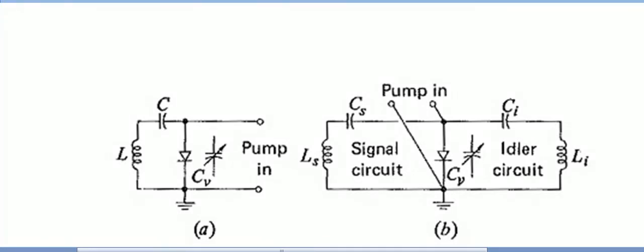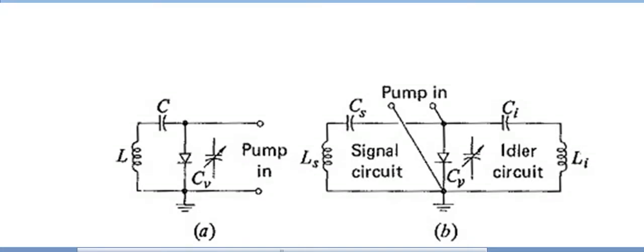Now, if the pump frequency is only slightly higher, that is Fi will be less than Fs, and a down converter, which is rather similar to the mixer in an ordinary radio receiver, will result. Note finally that there is no compulsion whatever for the pump frequency to be a multiple of the signal frequency in a non-degenerative amplifier.